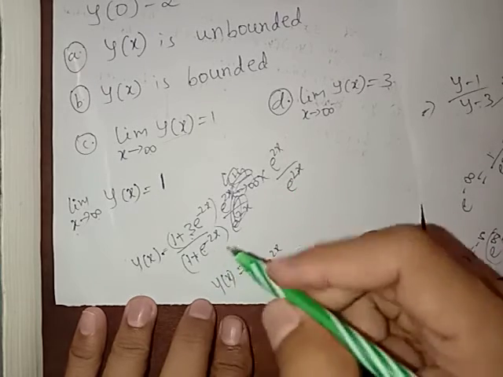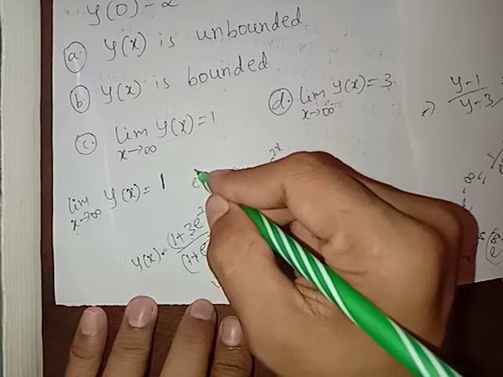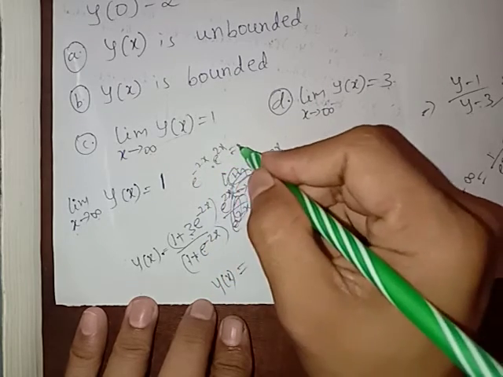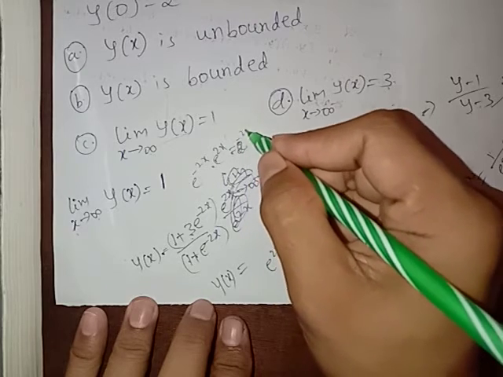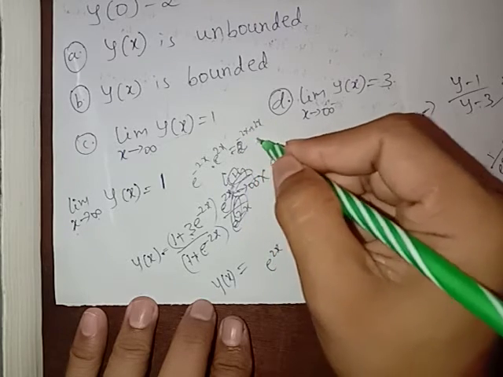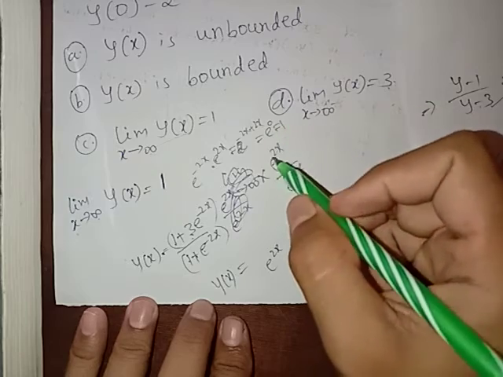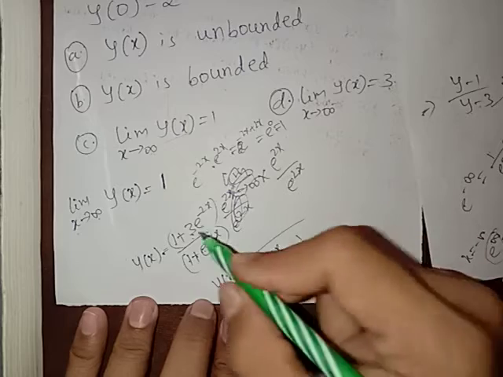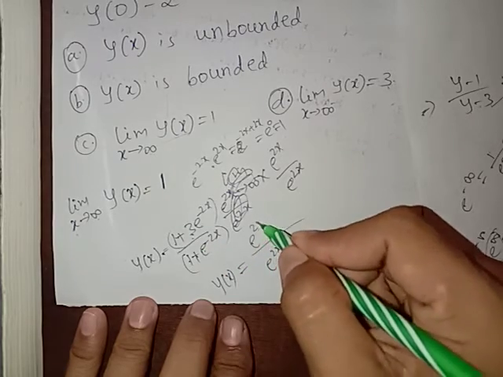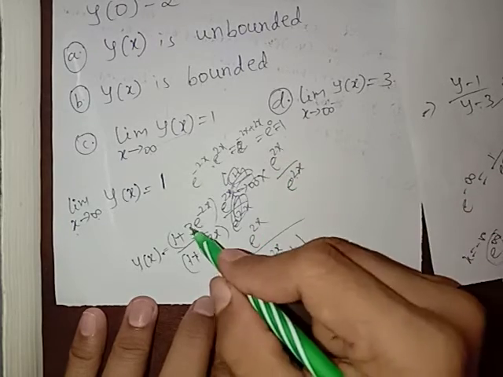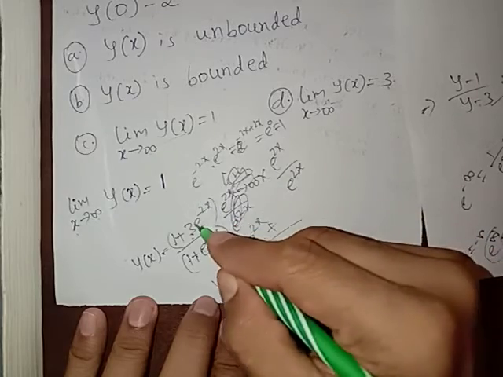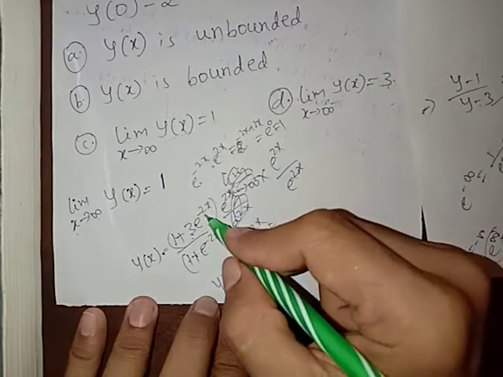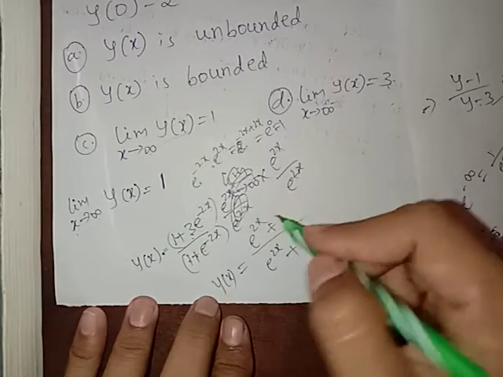Exponential of 2x into exponential of minus 2x is exponential of minus 2x plus 2x, that is exponential of 0, which is 1. So this is 1. Similarly, here we have exponential of minus 2x, and if we multiply, exponential of minus 2x into exponential of 2x is 1. So this is 3 here.